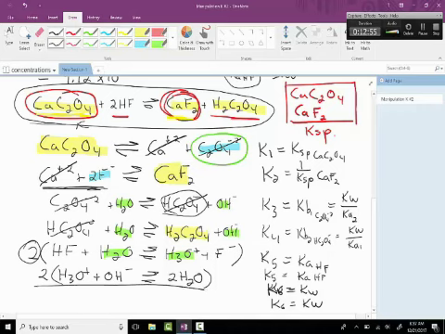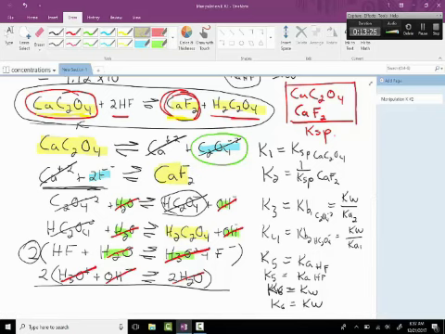All right, now I can add my reactions. Let's see. I've got to cancel some more stuff. Let's cancel our waters. In red, water, 1, 2, 3, 4. OHs, 1, 2. H3O+, here it is.